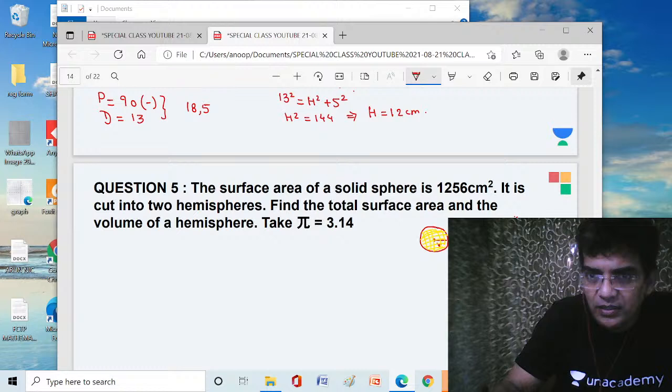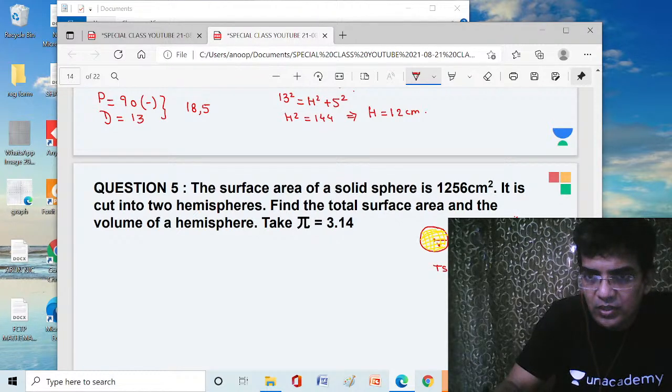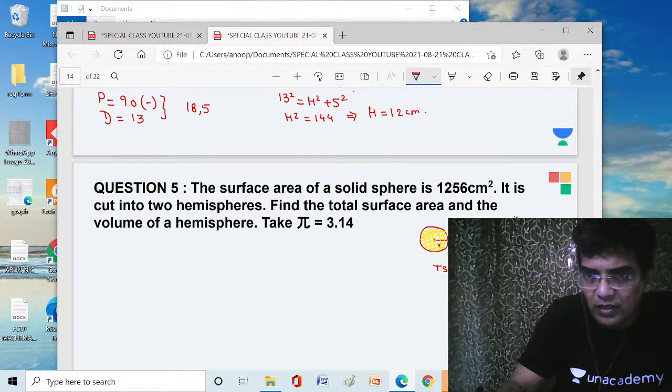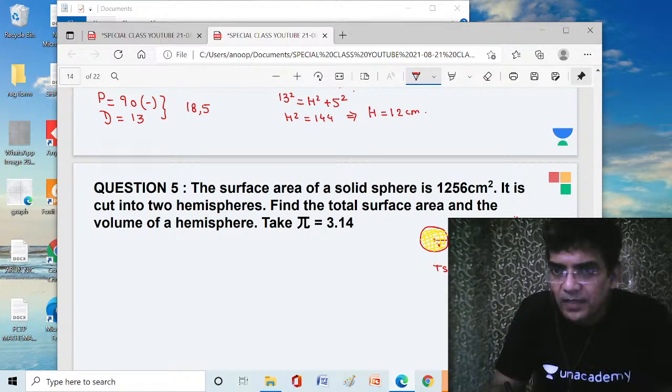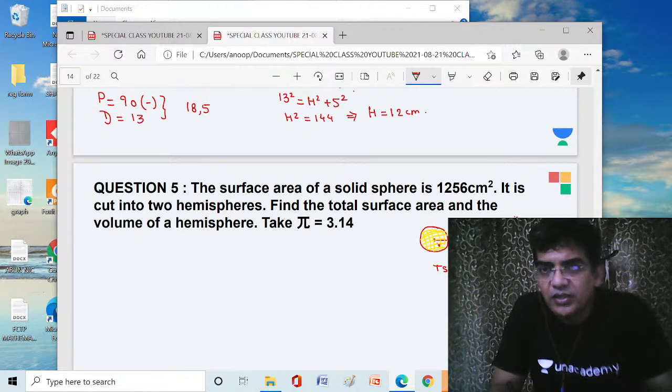It will be the same. So you can write it as total surface area or as the curved surface area, and the formula is 4 pi r square. This is the formula for surface area, or you can say the total surface area.